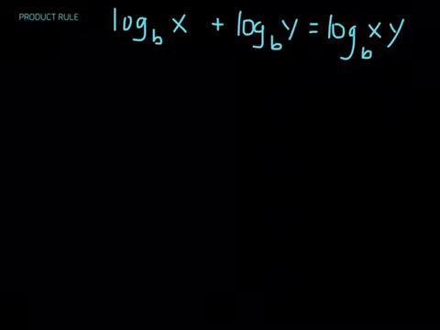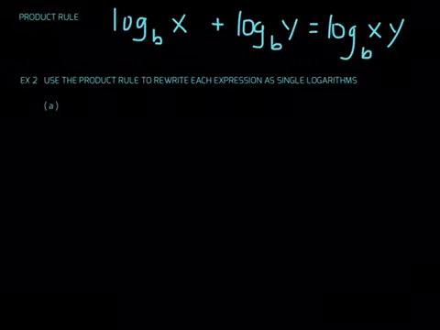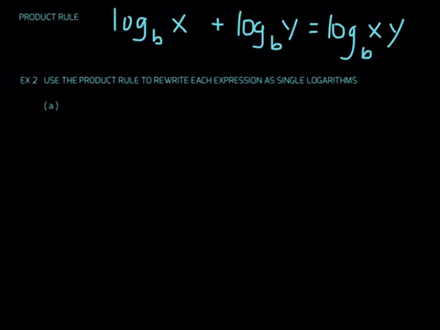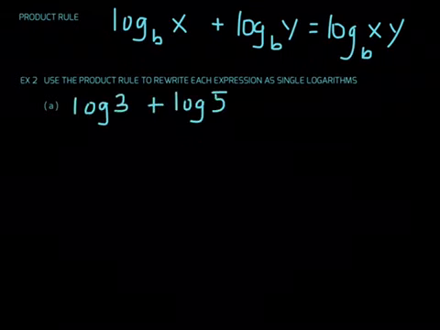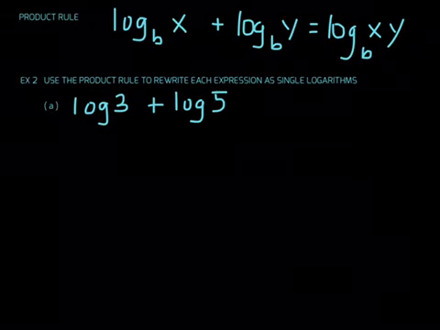Look at this example. Use the product rule to rewrite each expression as single logarithms. The first example, example 2, part A, is going to be the following. Log 3 plus log 5. These are common logs, by the way, because the base for each one of these is 10. All right, using the product rule, we can rewrite the sum of these 2 logarithms as 1 logarithm.